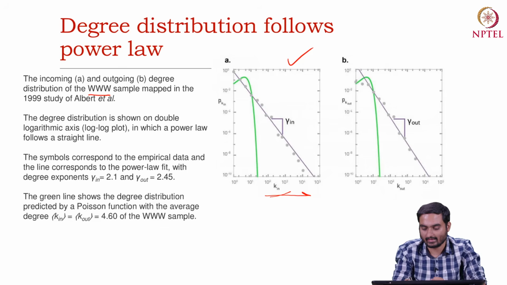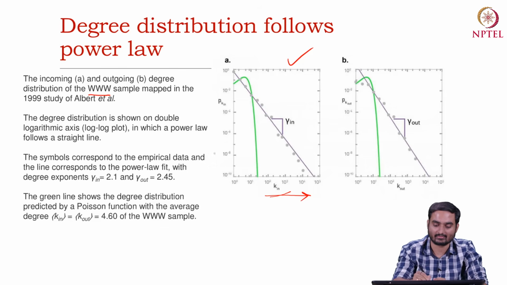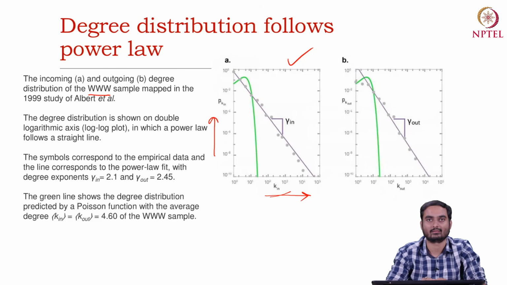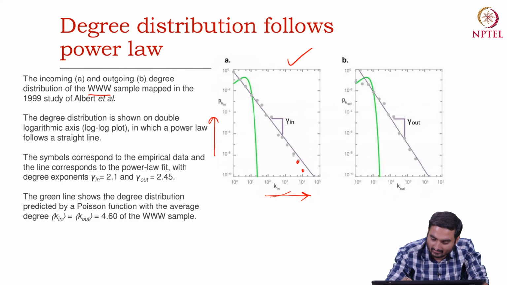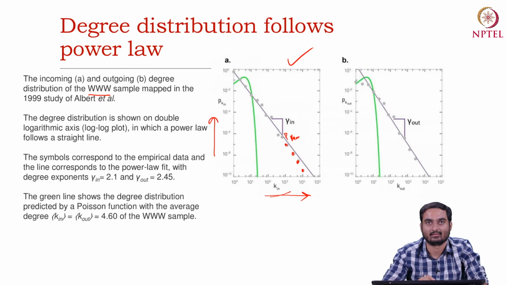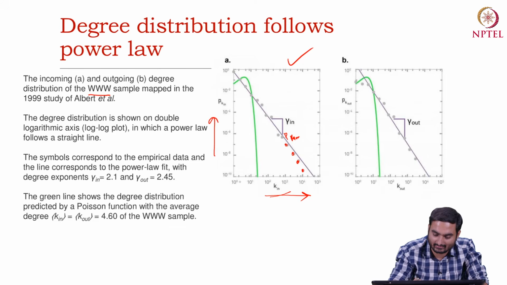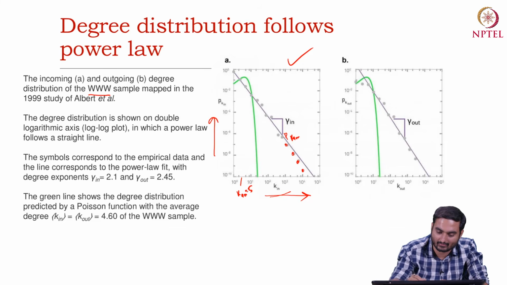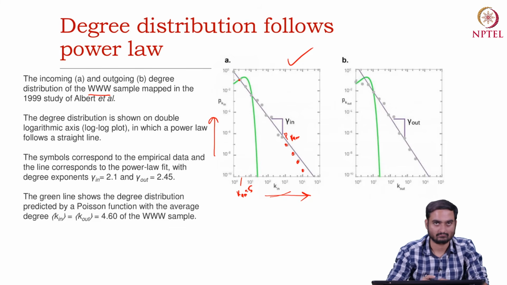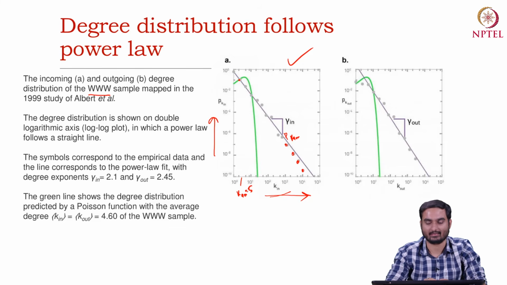So this is k in, the in degree of a node, and this is p_k in, the fraction of nodes with a certain in degree. And you see these dots, right? These dots are basically the p_k in values at every k in. Let's say k in is 5, and we have some value p_k in.